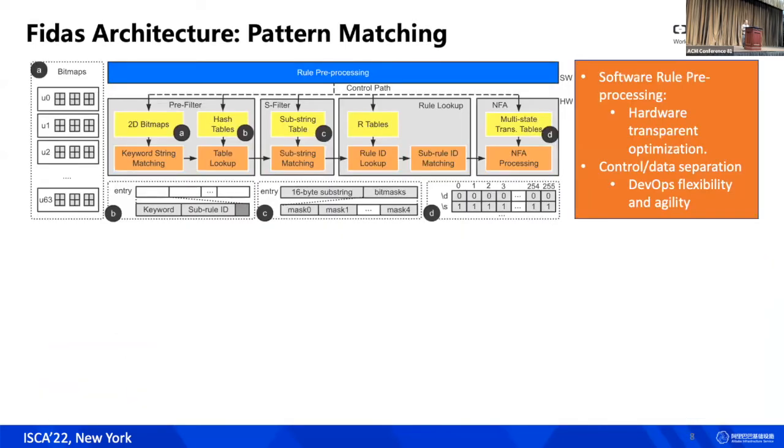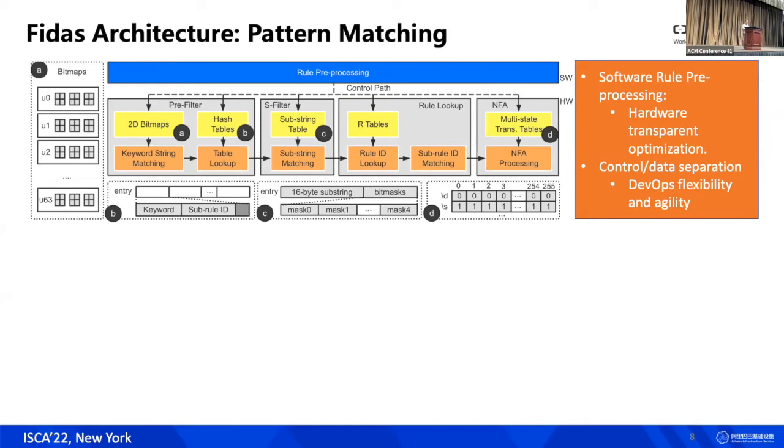So this is the overall pattern matching architecture. We put a lot of emphasis on rule preprocessing. Essentially, we process these rules in the CPU using some more advanced algorithms to break those rules down into bits and structures that are going to be consumed by the FPGA. This decoupling structure allows us to do hardware-transparent optimizations and also makes rule updating very easy.